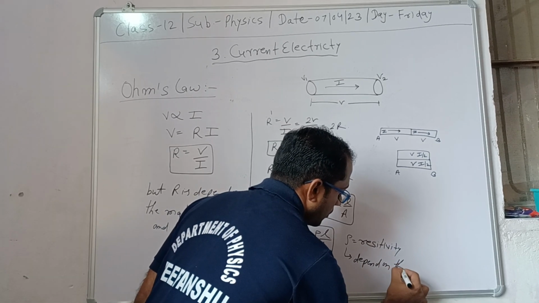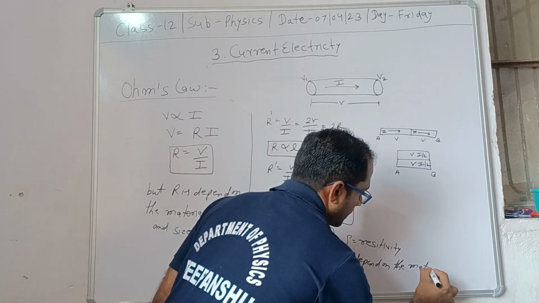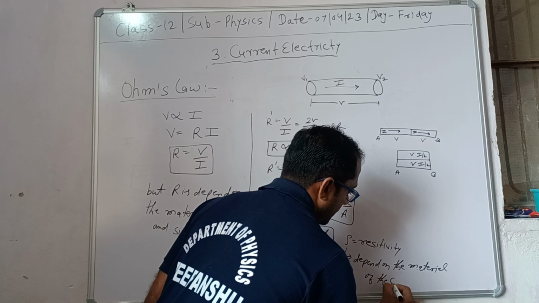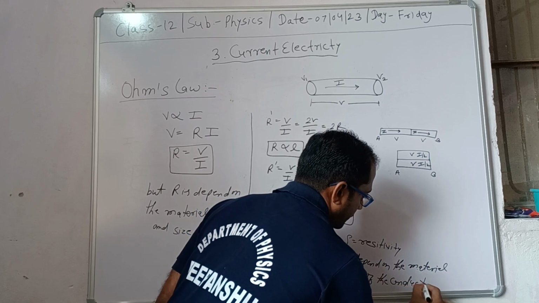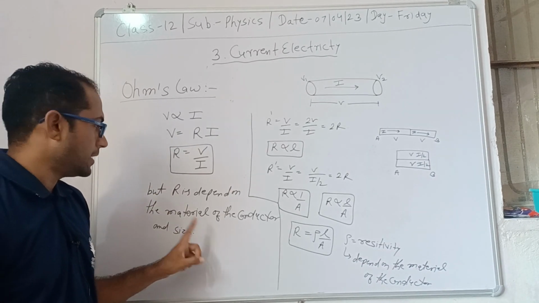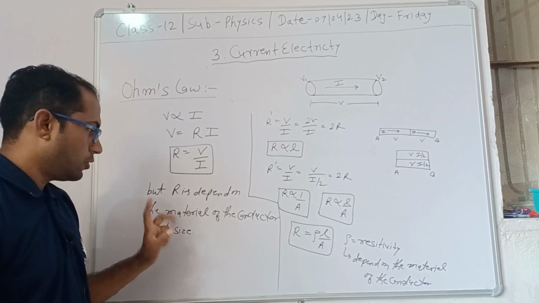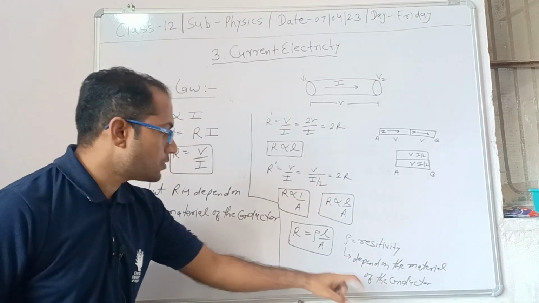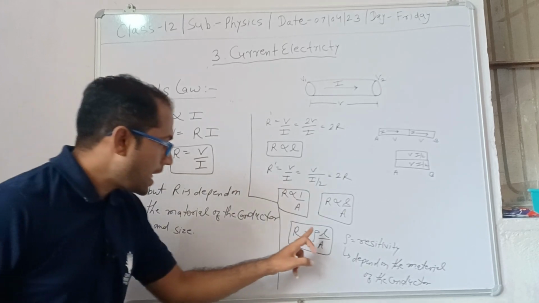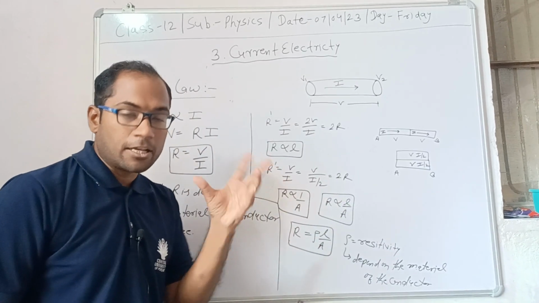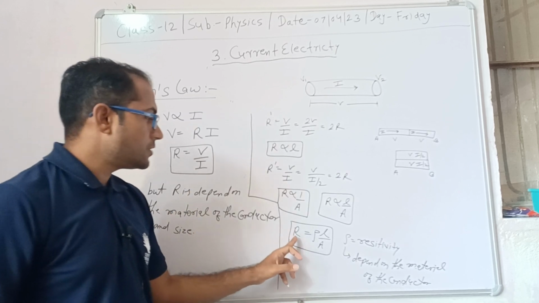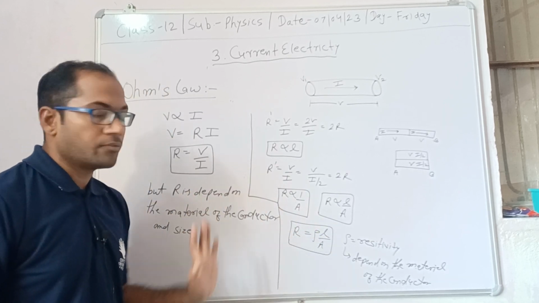So using this statement, R depends on the material. Rho depends on the material, so R also depends on the material and the size of the conductor; L and A are the size of the conductor. So this statement is proved: R depends on both the material and the size of the conductor.